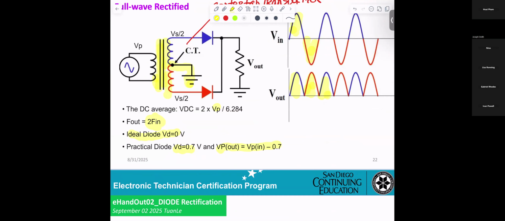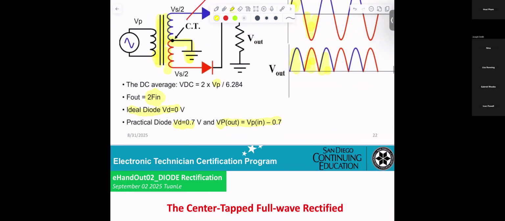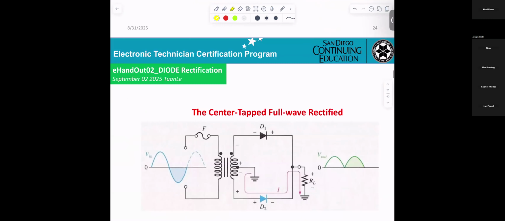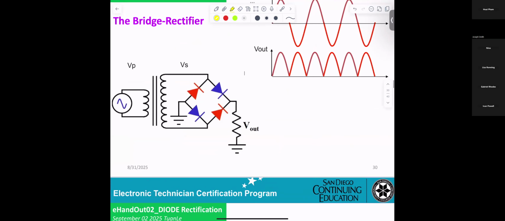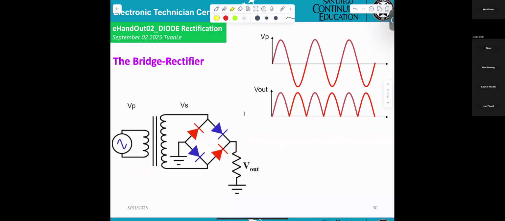This is the output. Now, same thing, but they don't want to use a transformer. They use only 4 diodes. This is the input, and now the output is rectified on both halves. That's what they call a full wave. It works the same way.